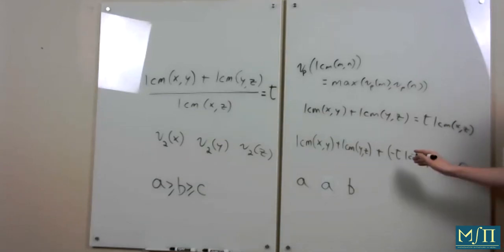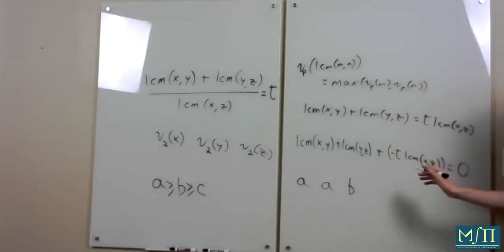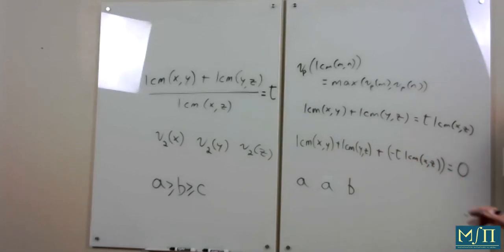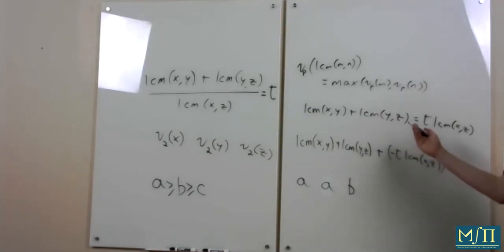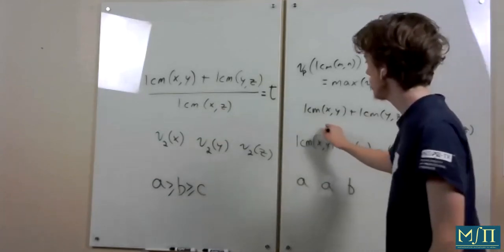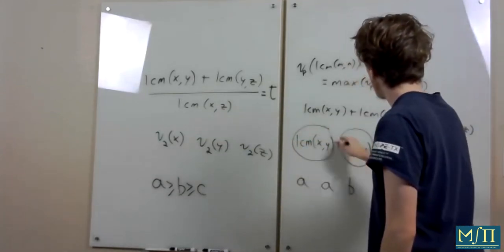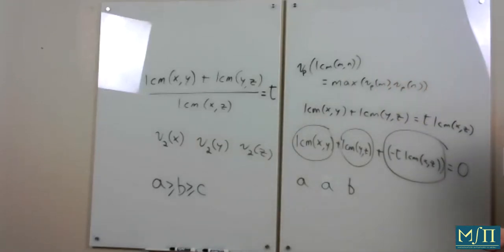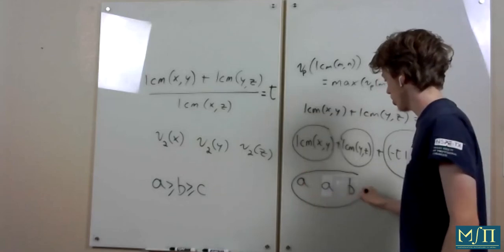Since T is odd, as we assumed, the maximum power of 2 dividing this number is the same as just the max, and the negative doesn't affect anything. So the maximum power of 2 dividing this is the same as for LCM xz, whatever that is. Meaning the v sub 2's of this number and this number, which are all non-zero and so well-defined, are these in some order.